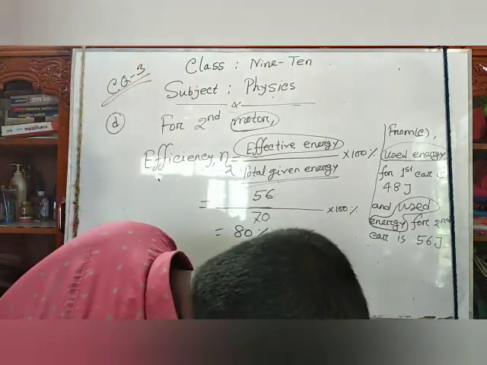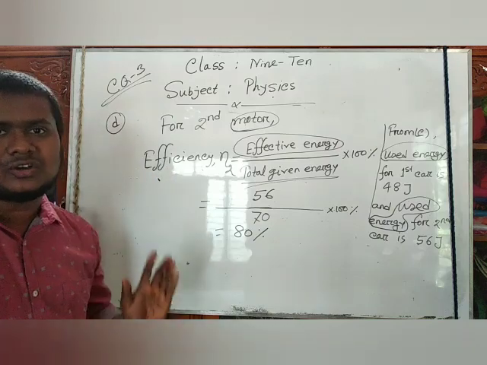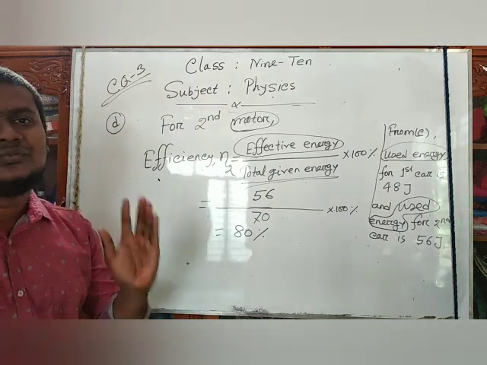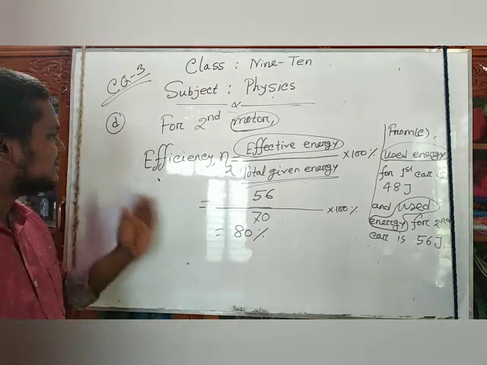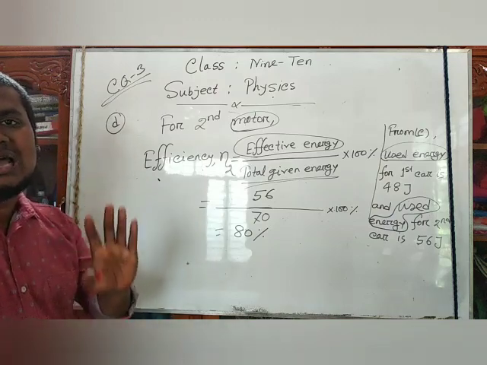So dear students, what do you see? You see that the efficiency for the second car or second motor is greater than the efficiency of the first motor. That means this is very useful for us.